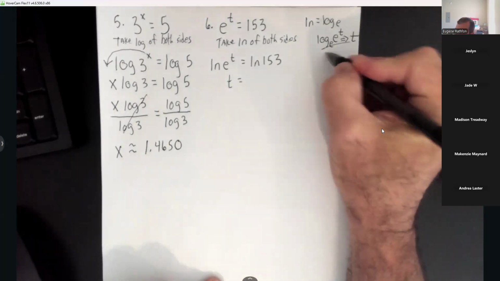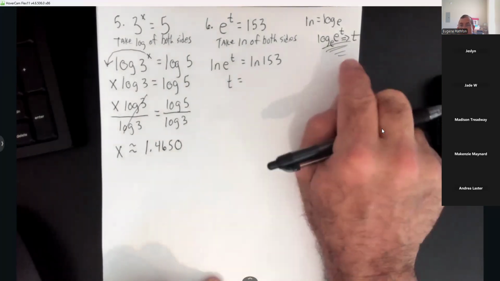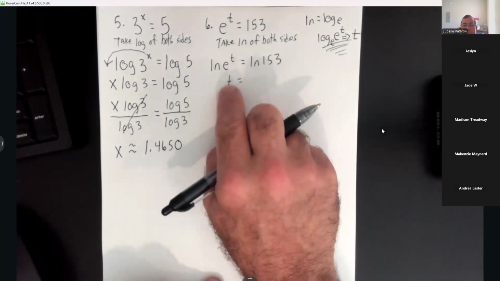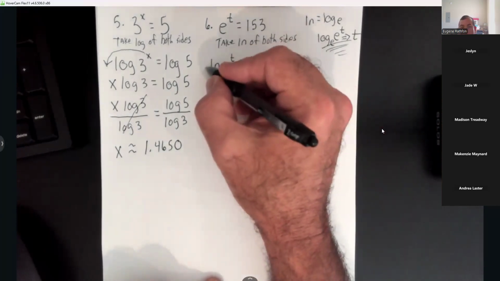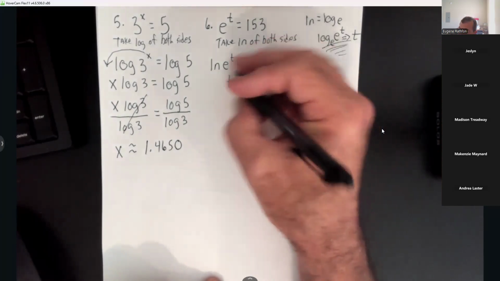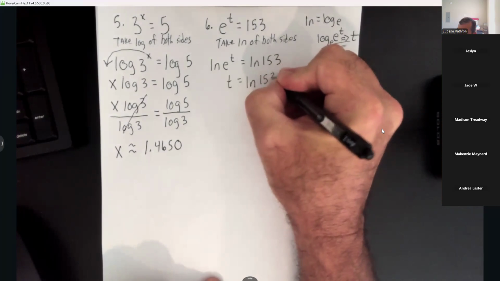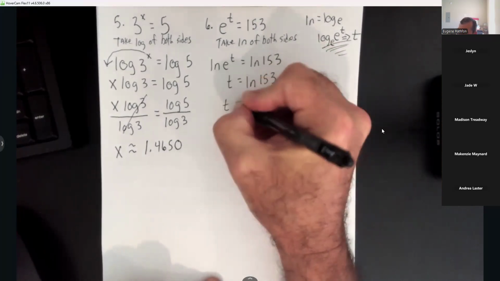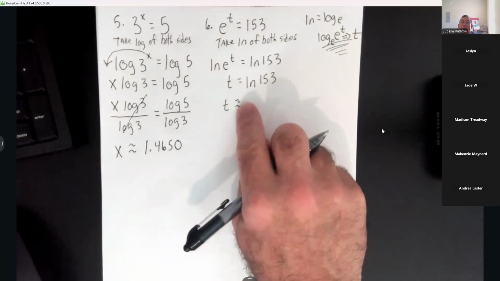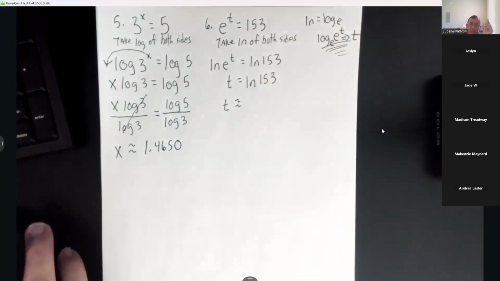So this property is big when you're dealing with the E's, okay? So that means this side equals nothing but a t, because if you bring the t down, you basically got a t times 1, which is t. So t is going to equal ln of 153. Now remember, since that's a log I'm taking, I'm going to approximate this 4 decimal places.